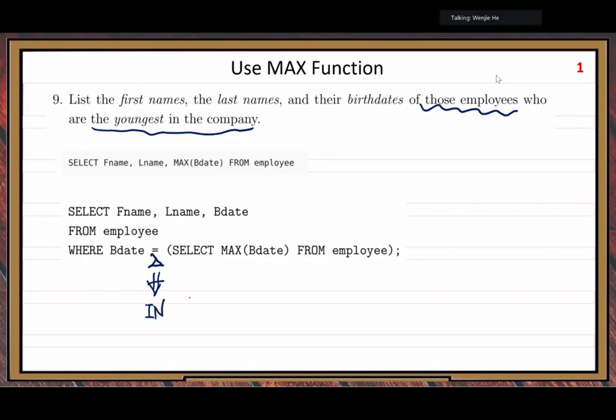With the in operator, if we put in one inner query and we get multiple rows, then a number is in those rows.